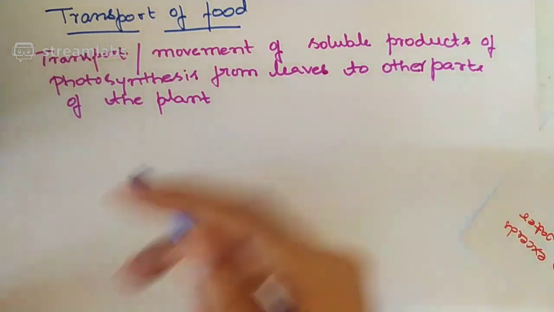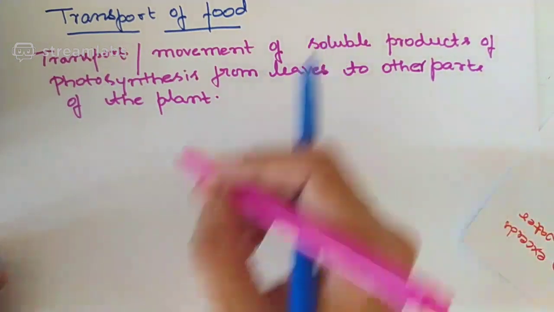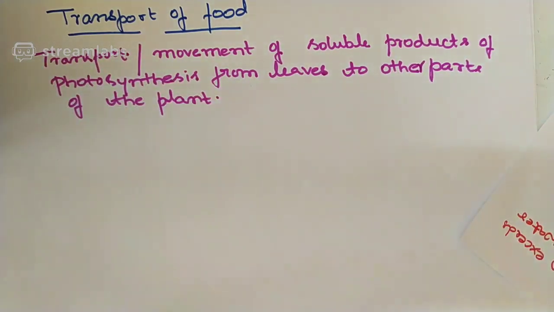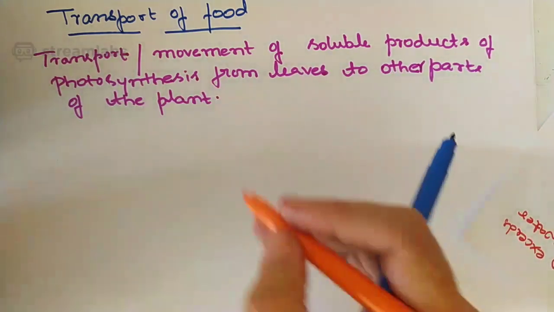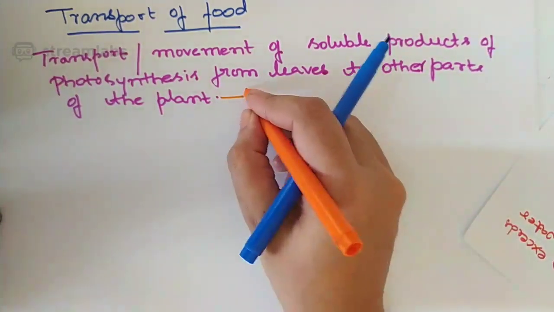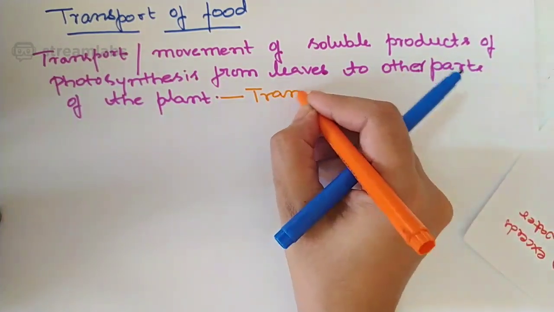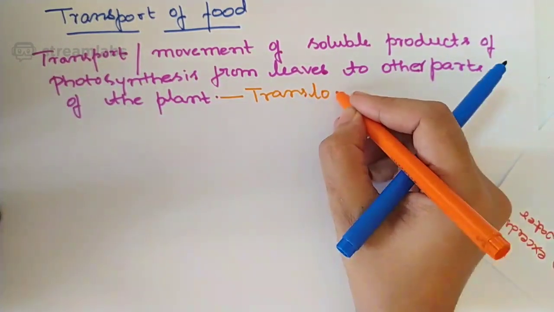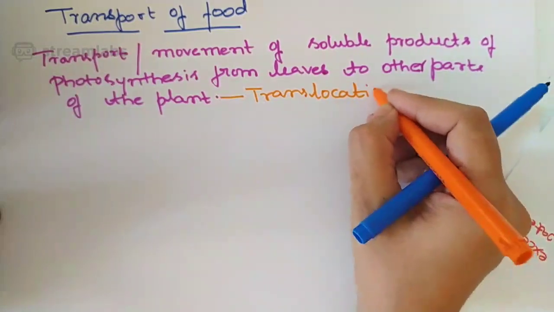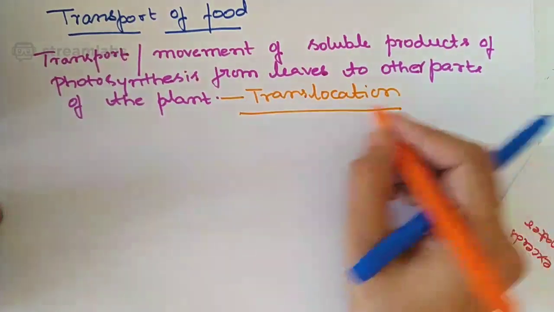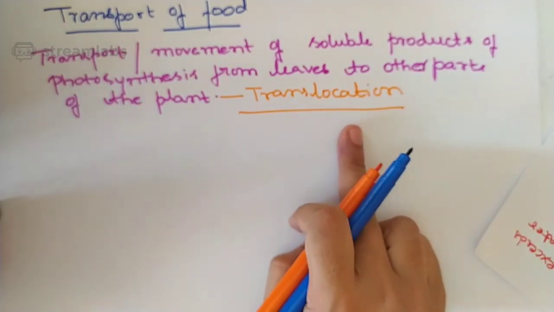So what is this called? This transport or movement of soluble products of photosynthesis from the leaves to other parts of the plant is called translocation. Remember, students, what is translocation? So this process is called translocation.